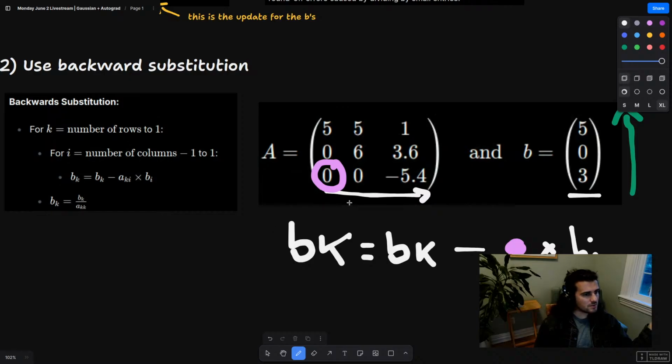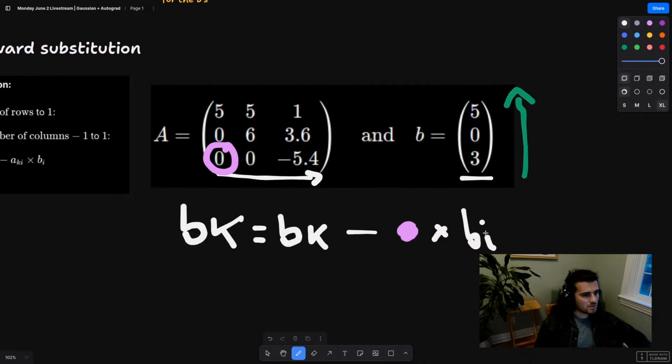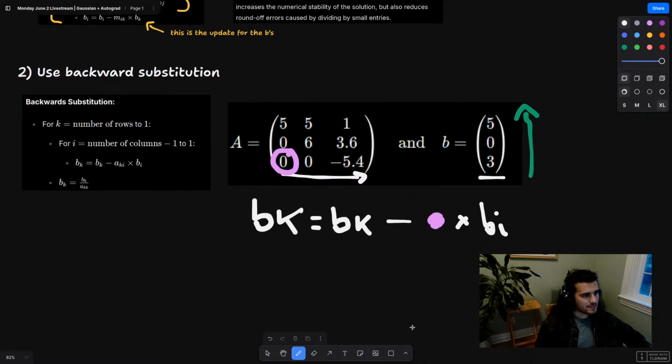There are zeros here. So times bi, and in this case it will be this one also, but this is 0. Then you continue, you remove again the other one, but this one also.